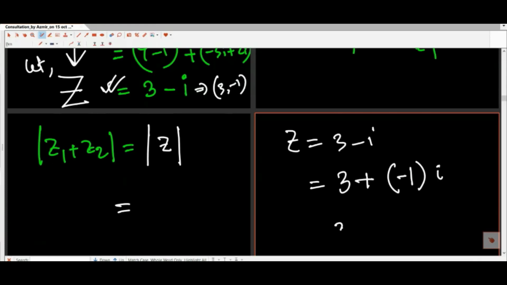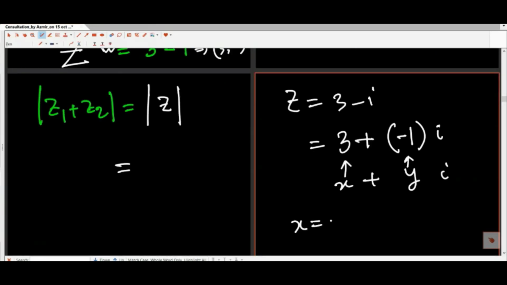This is x plus yi, so x equals 3, y equals negative 1.